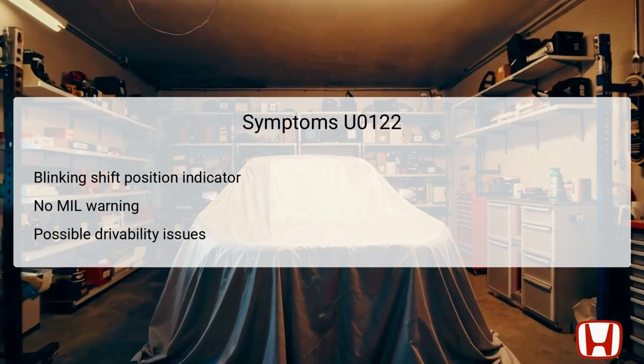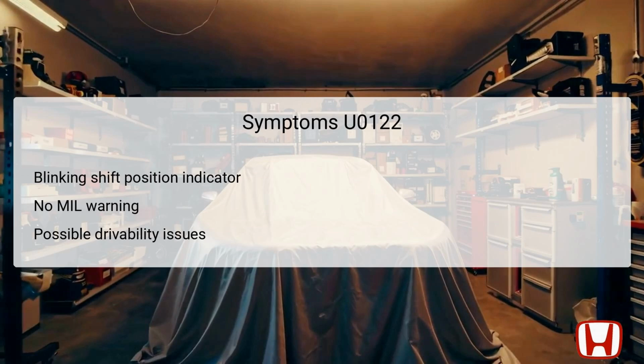Symptoms associated with DTC U0122 can manifest in various ways. The most immediate and noticeable symptom is the blinking shift position indicator, which signals that the TCM has detected a fault. Interestingly, the malfunction indicator light, MIL, does not illuminate with this particular DTC, which can sometimes lead to confusion during diagnostics.